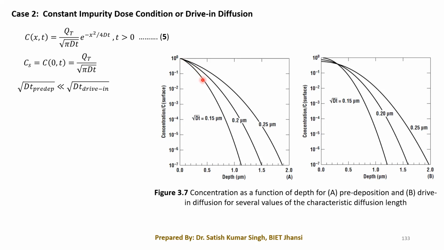It keeps reducing, and up to a certain time it reaches a certain depth and a certain concentration. These three graphs correspond to different amounts of time t. Since D is a constant, root Dt is 0.15, 0.2 and 0.25 micrometer, so we actually have three different values of the pre-deposition time.